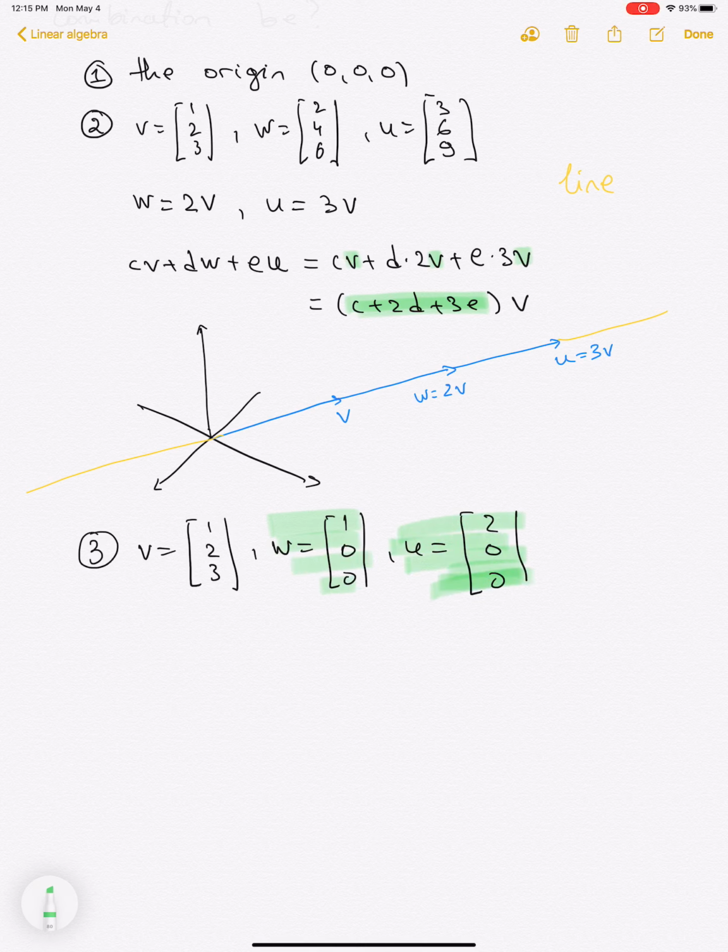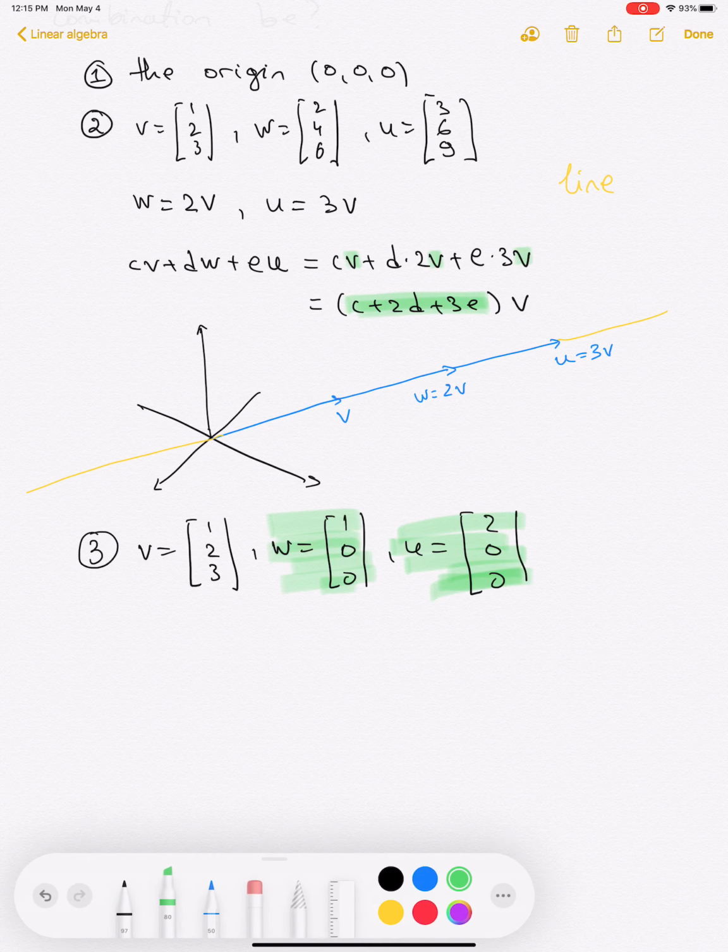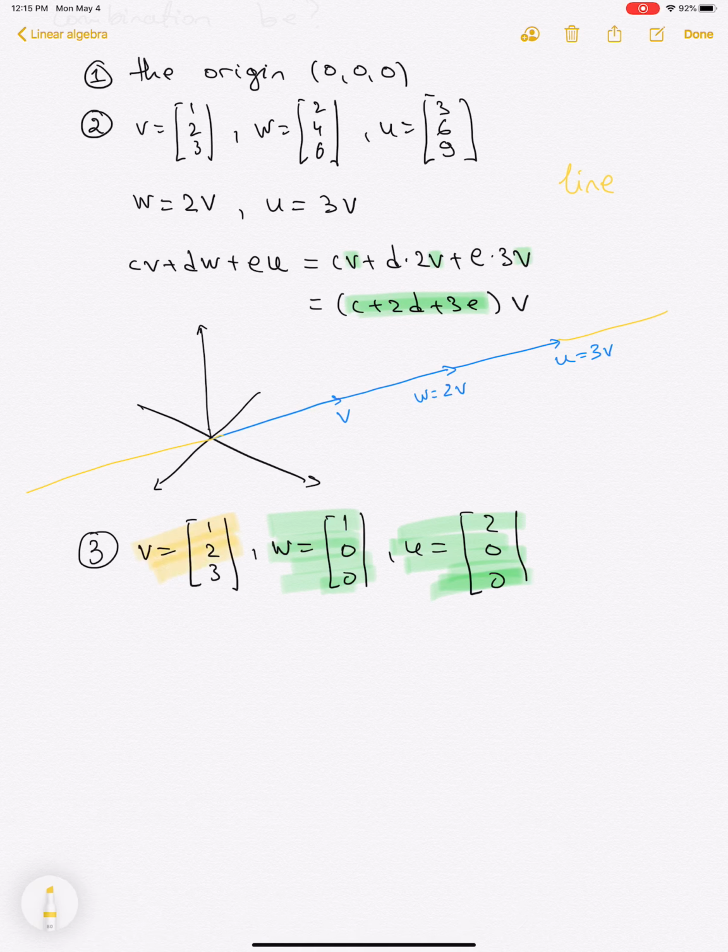In what sense? They're the same in the sense that they are on the same line. They describe the same line, which is in fact the x-axis. They don't have y components and they don't have z components. But the vector V is not on that same line. So this vector V is on a different line.